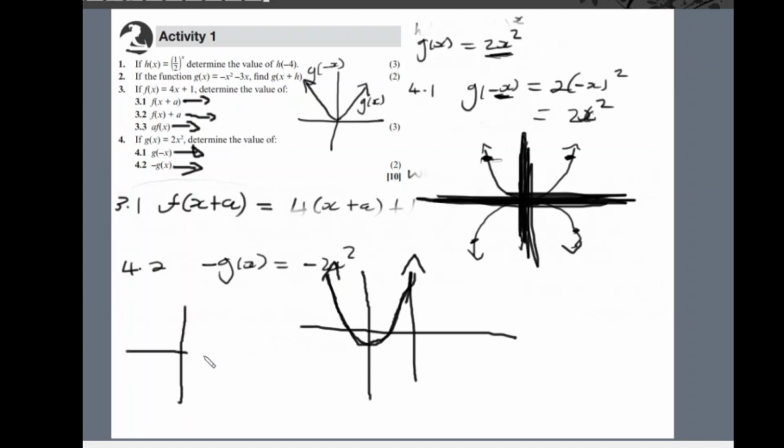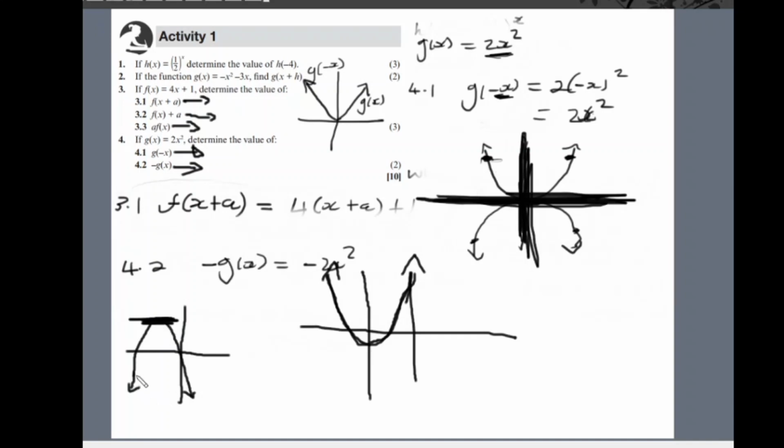The maximum value of this function is the highest y value. So if I have a graph of the function looking like this, the highest y value is this point here, right? So that is the maximum of the function.